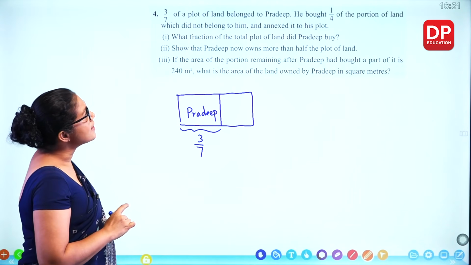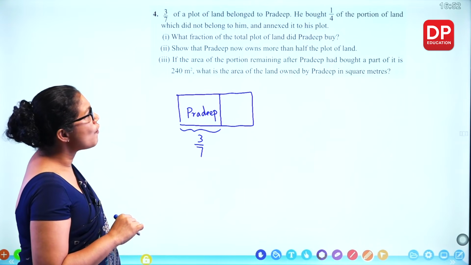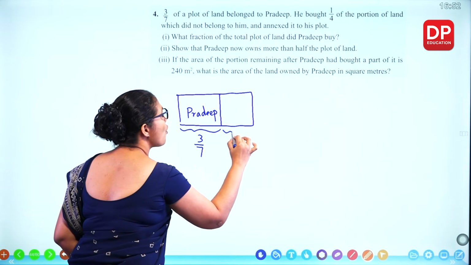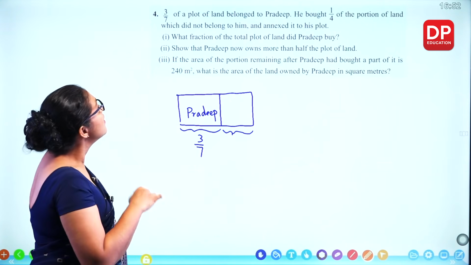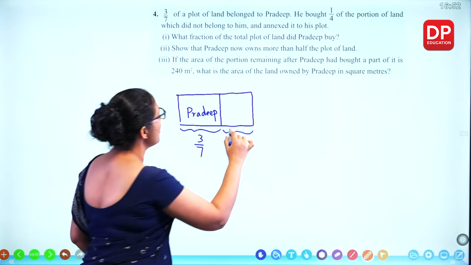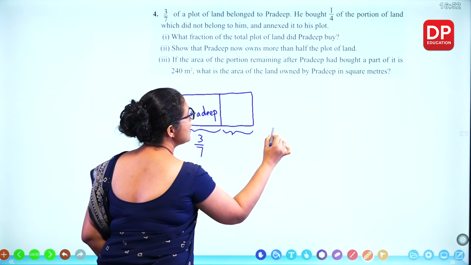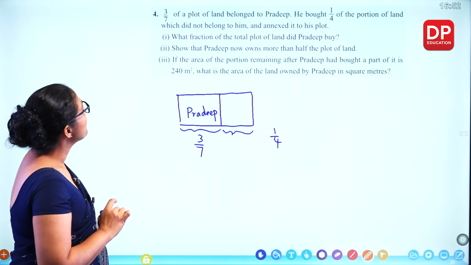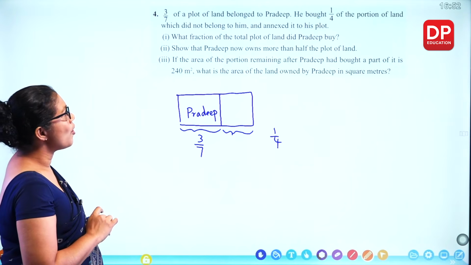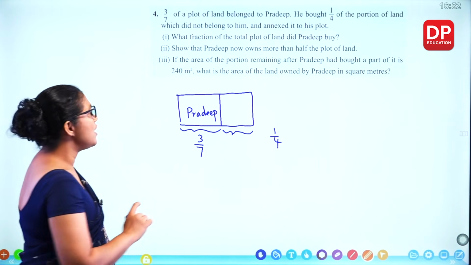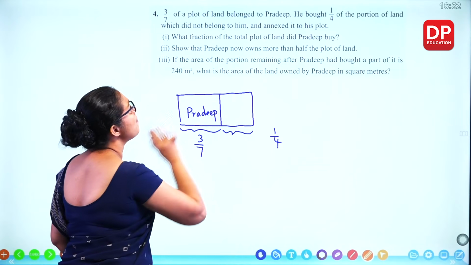Now he bought 1/4 of the portion of land which did not belong to him. So from this part, he wants to buy 1/4 of that. Now we'll see what fraction of the total plot of land did Pradeep buy. So first thing you need to find out is the remaining part.